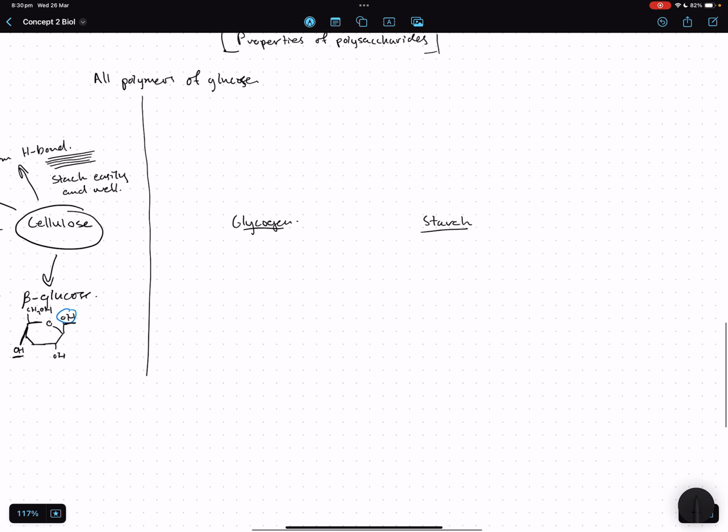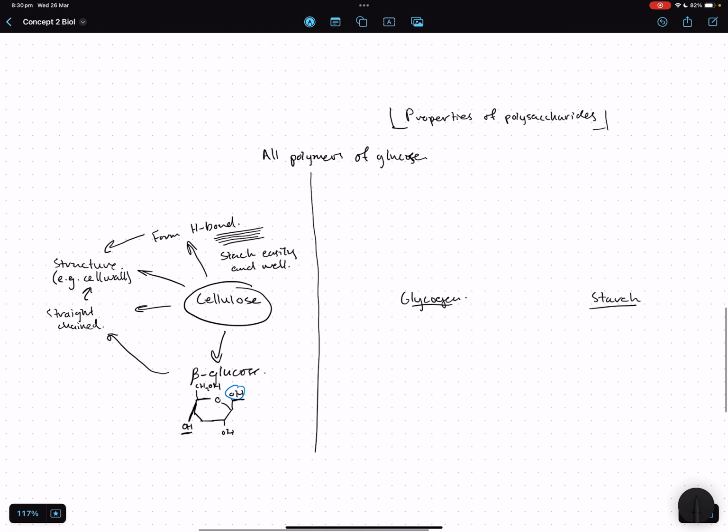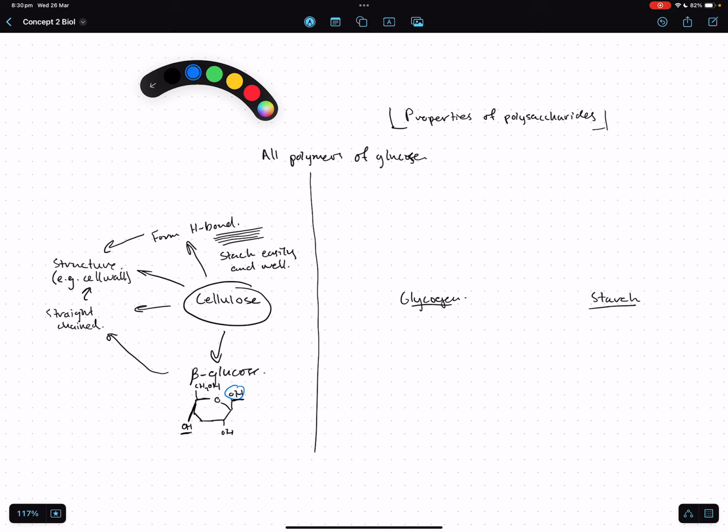With these ones it's a bit different. So right here, beta glucose, and this one, sorry, wrong color, I shouldn't have switched.